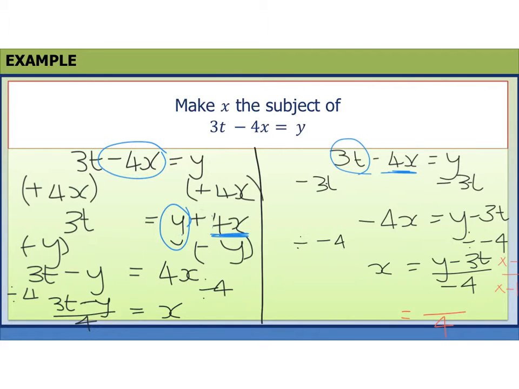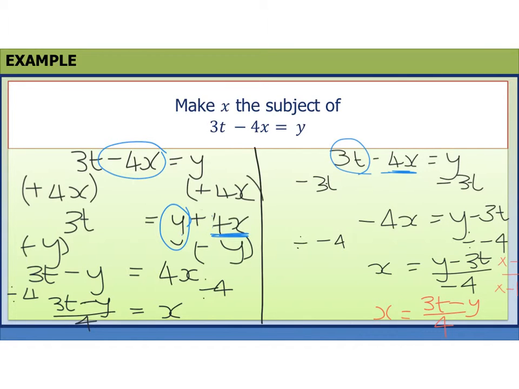But when I times the top by minus 1, all of the signs change because the y times by minus 1 becomes minus y. And the negative 3t times negative 1 becomes positive 3t.